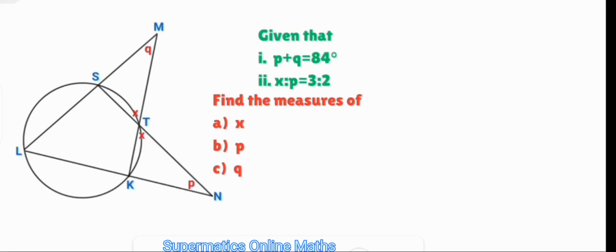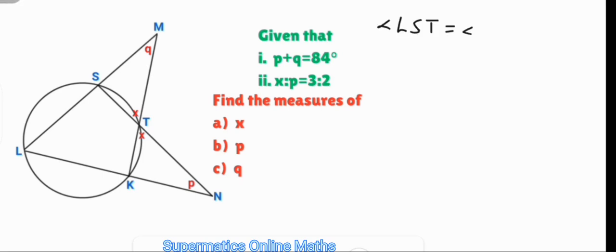Now, the first thing that we shall be doing here is to see that angle LST, this angle, is actually an exterior angle to the triangle SMT, and it will definitely be equal to the sum of the opposite interior angles, that's angle Q and angle X. So we put that in writing as follows.